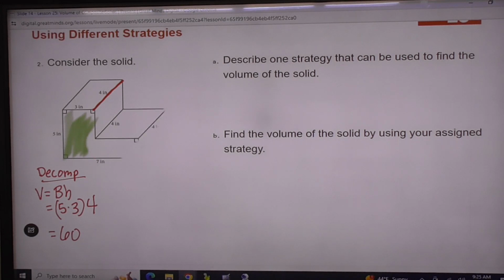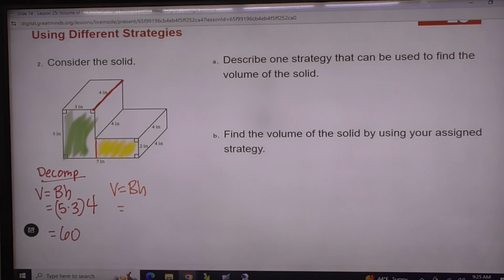Now we can take a look at the next prism, which is that smaller one down here. Also, volume is equal to the area of the base times the height. So we are looking at this small little rectangle that I'm going to shade in yellow. That's going to be my base.